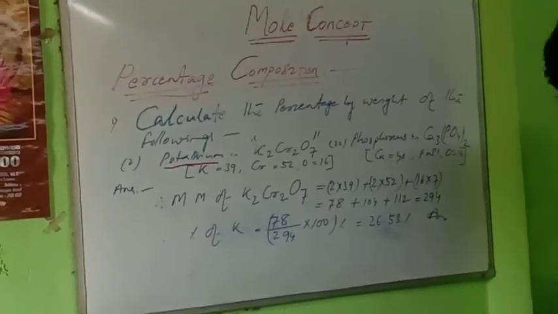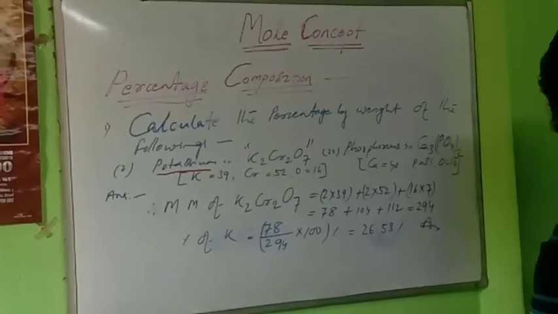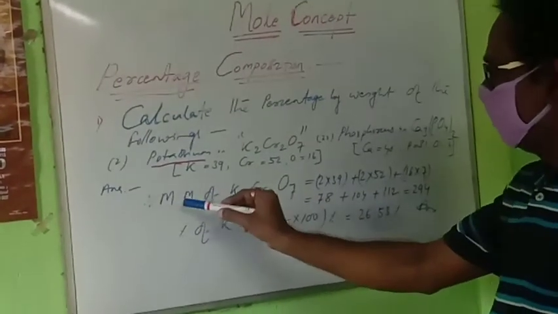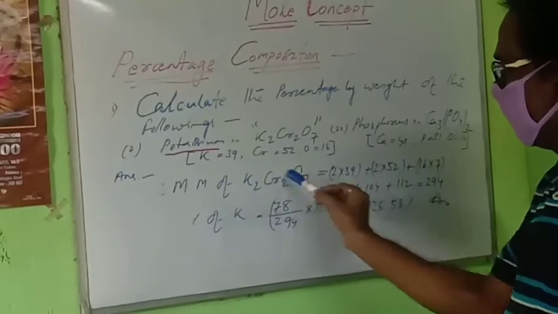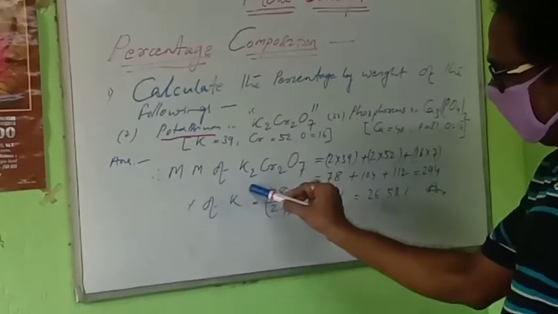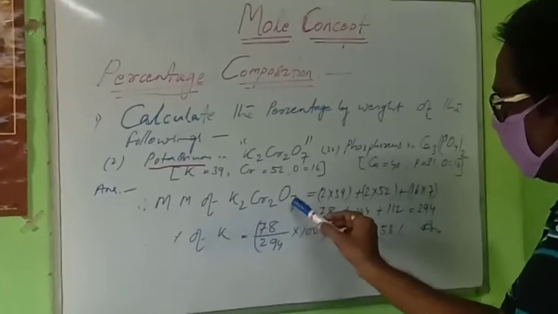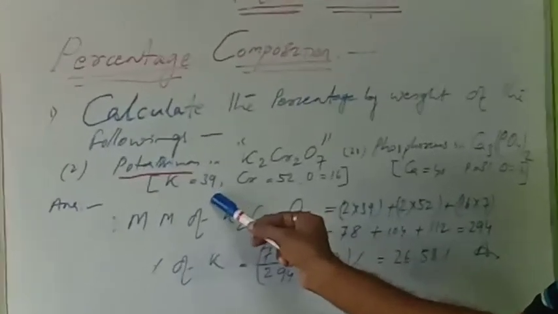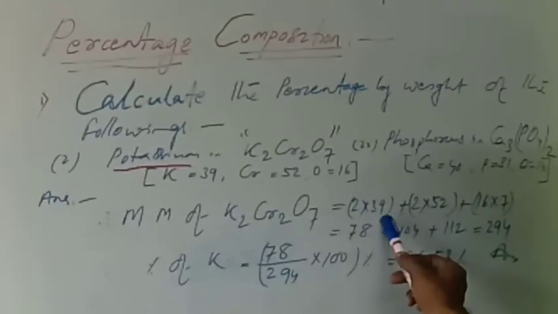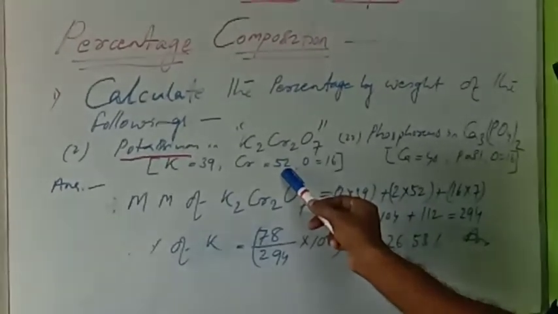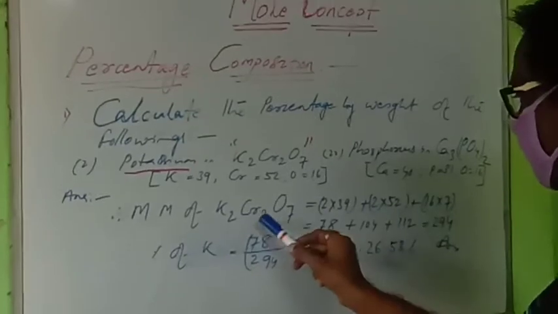First of all, you have to find out the molecular mass or molecular weight of potassium dichromate. 2 atoms of potassium, 2 atoms of chromium, 7 atoms of oxygen. The atomic mass of potassium is 39, so 2 into 39. Chromium atomic mass is 52, 2 into 52, 2 atoms.